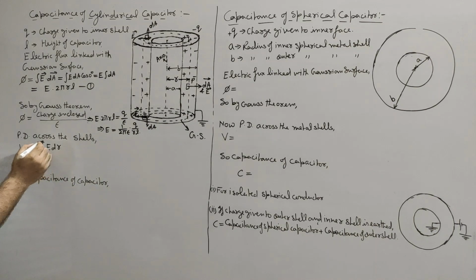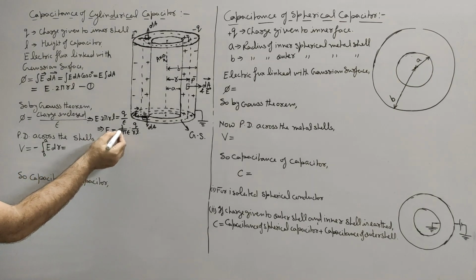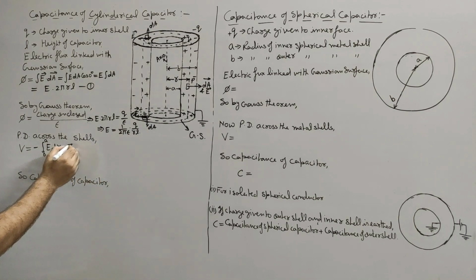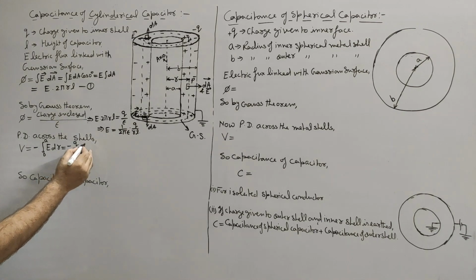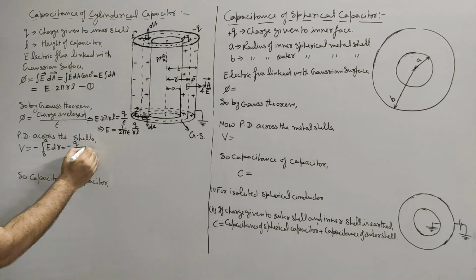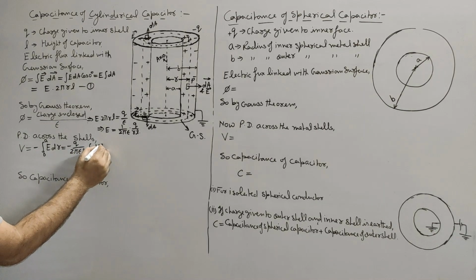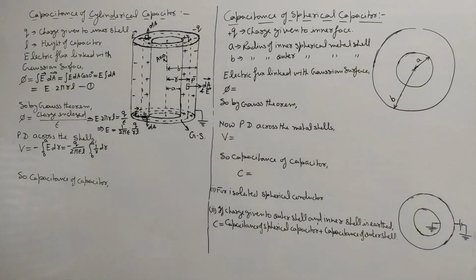So lower limit will be B and upper limit will be A. Out of this, Q upon 2 pi epsilon into length will be taken constant. So Q upon 2 pi epsilon L will come out of the integration, and we will be left with 1 upon R dr from B to A.